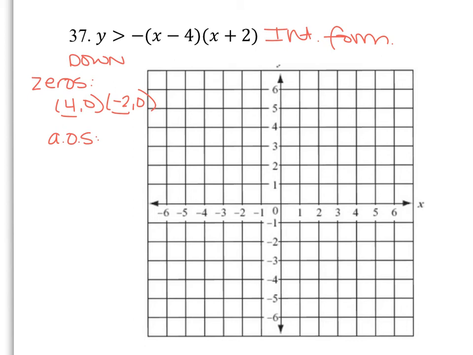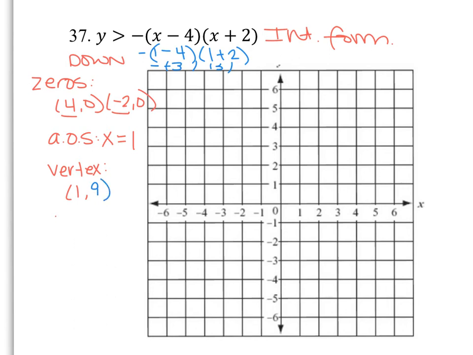So 4 plus -2 is 2, divided by 2 is 1. So now my vertex is 1, comma, and now I have to find it, so I'm going to plug in 1. So 1 minus 4 is -3, and 1 plus 2 is 3, and then I have a negative, which is going to make 9.